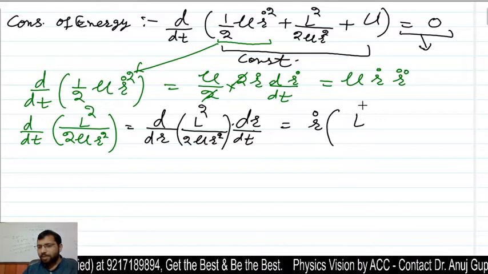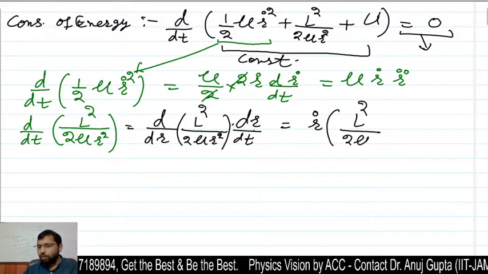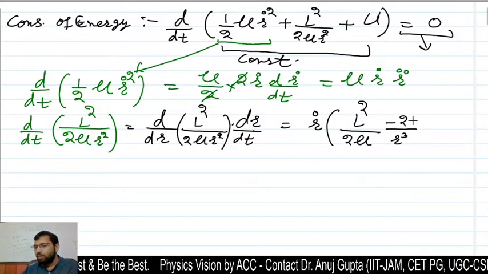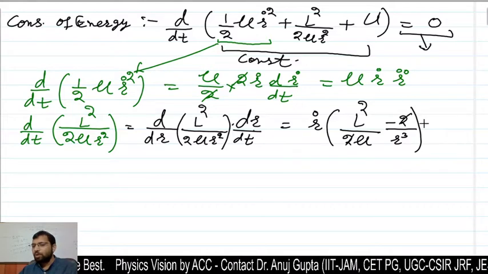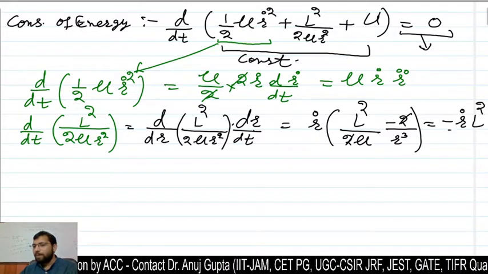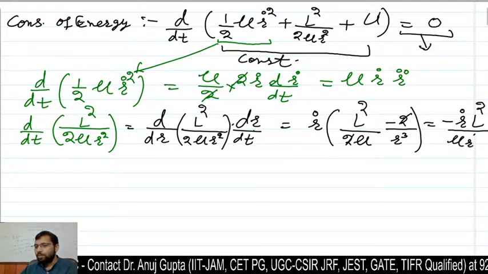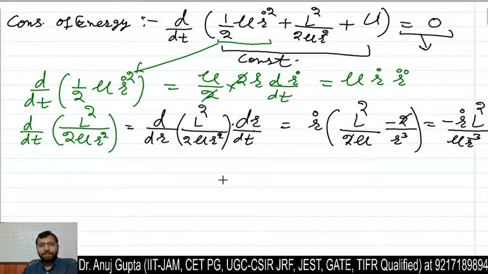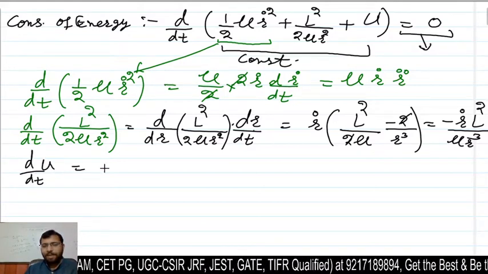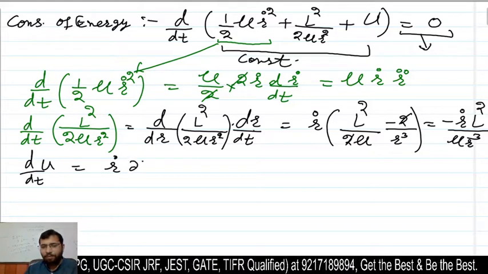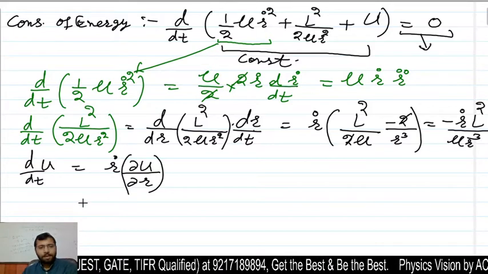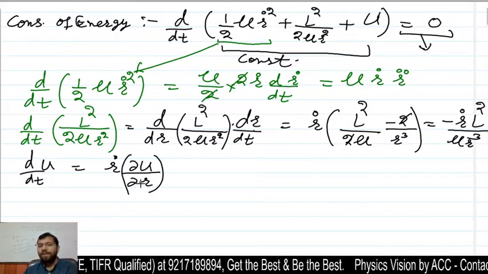Okay, so L square upon 2 mu कांस्टेंट है और 1 by r square का डेरिवेटिव होता है -2 by r cube. 2 से 2 काट दो और ये हो जाएगा माइनस r डॉट L स्क्वायर अपॉन म्यू r क्यूब. ये कुछ ऐसा हो जाएगा. ठीक, और u का डेरिवेटिव भी सेम हम ऐसे ही करेंगे. हम लिख लेंगे r डॉट और डेरिवेटिव ऑफ u. ओके, ठीक हो गया. डेरिवेटिव ऑफ u विद रिस्पेक्ट टू r इज fr.